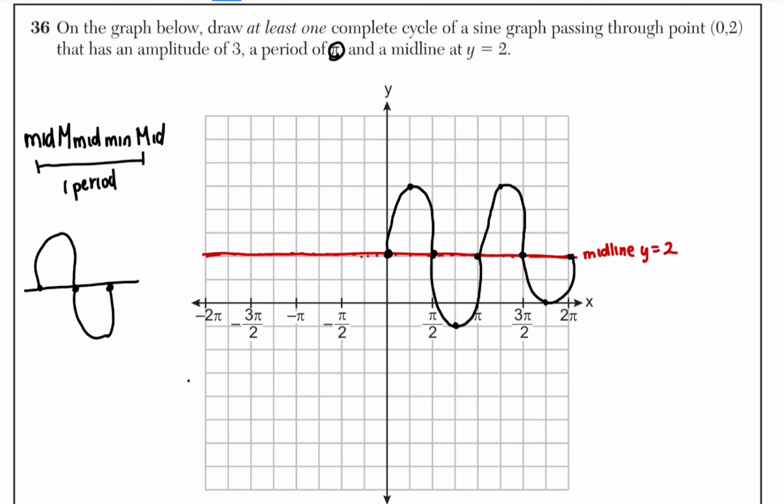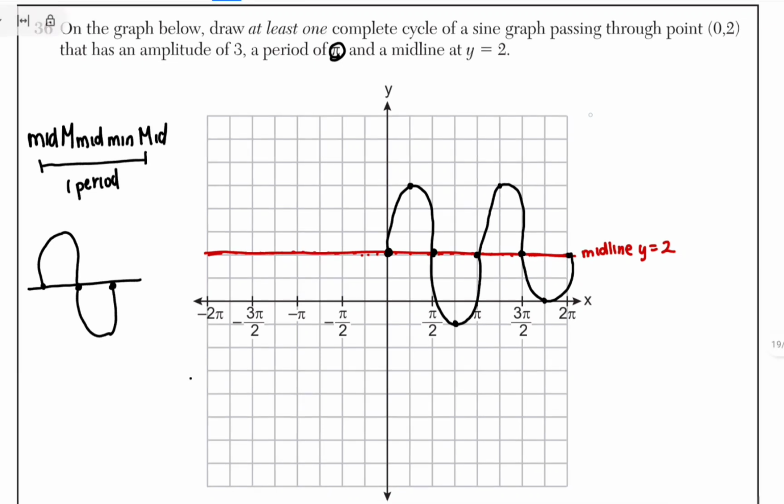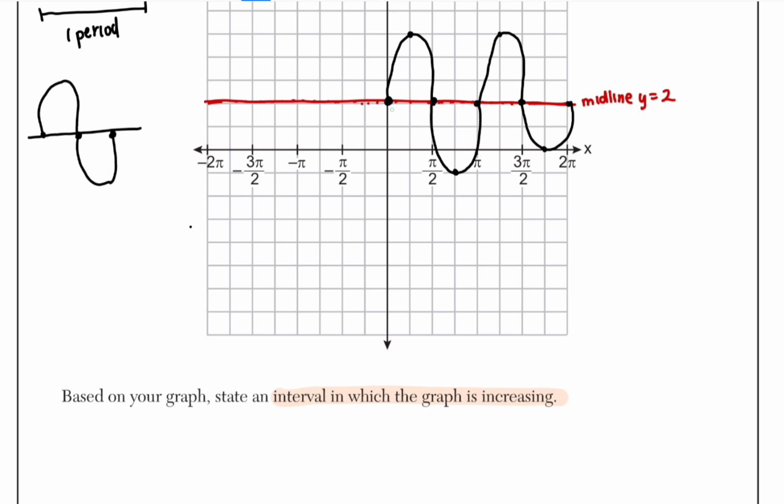And we could also write the equation. And it's helpful when we write the equation. So our equation would be y equals 3 sine 2x plus 2. So when we go from 0, this is 0, to pi over 4, this is pi over 4. Right here, this is pi over 4. We're increasing.